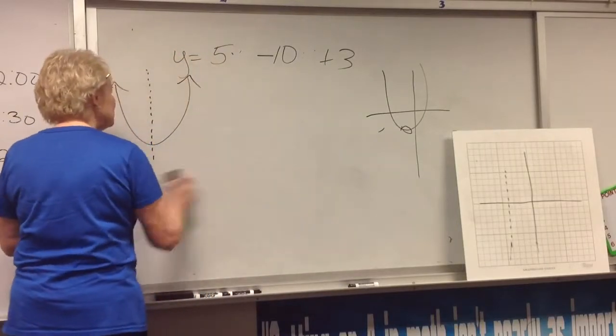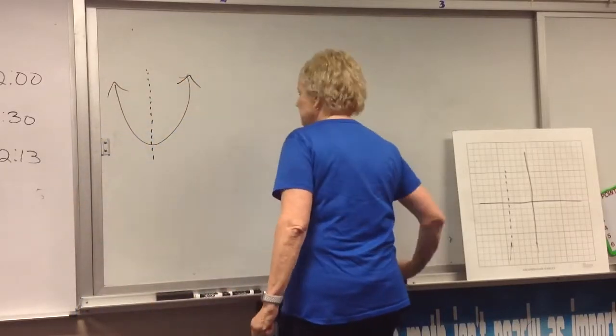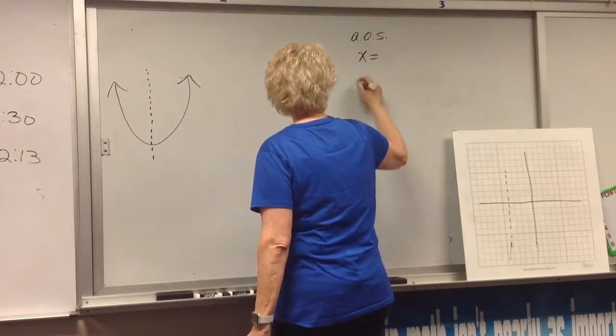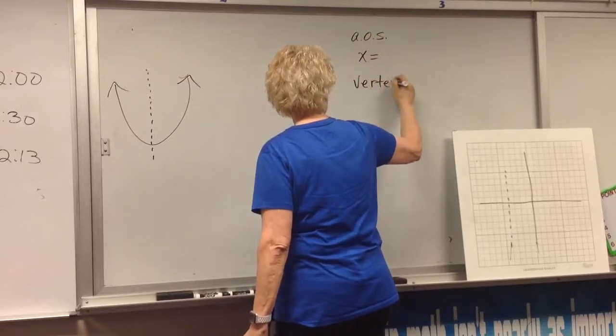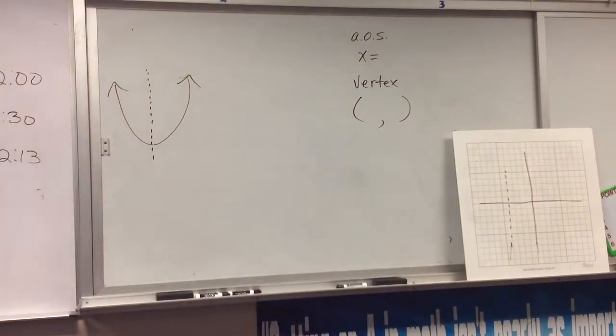All right, last one. Do it all by yourself. Find the axis of symmetry, and then find the vertex. Watch them fall apart.